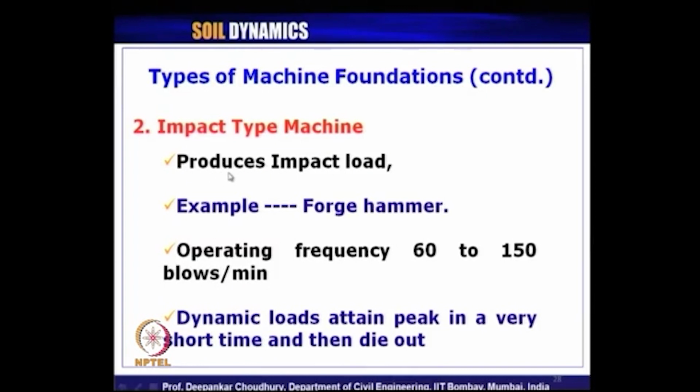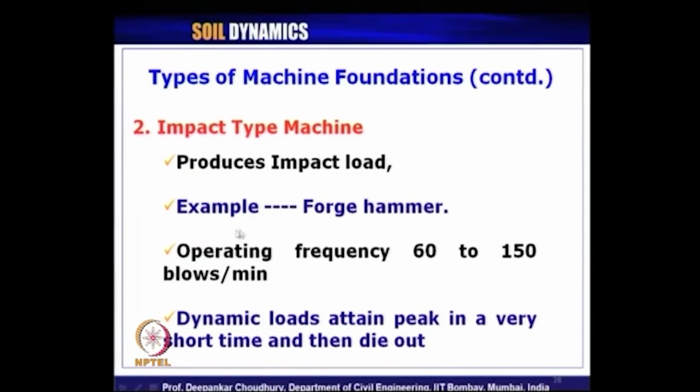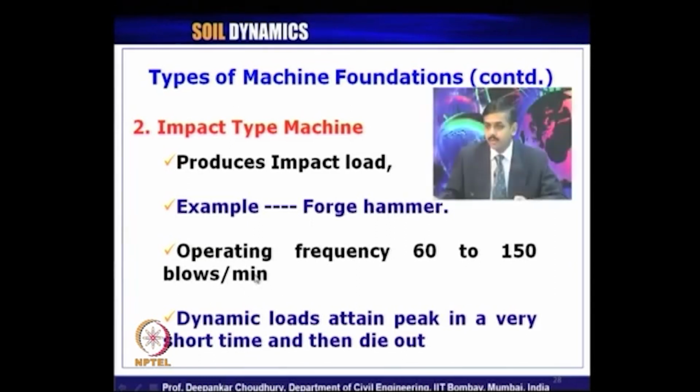Of course, they produce impact loads, as the name suggests. In this category, an example of impact type of machine is the forge hammer. And what is the typical range of operating frequency for these machines? The typical range is about 60 to 150 blows per minute. That is the typical operating frequency for impact type of machine.